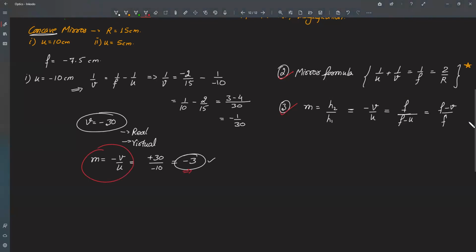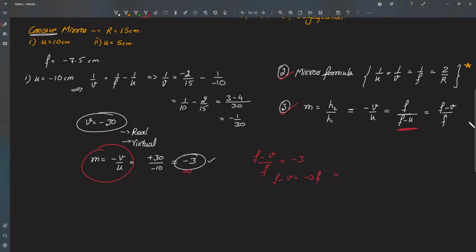How did you get magnification without V? Which formula have you used? That's what, f by f minus u. Okay, so from there also you can see (f minus V) divided by f will be equal to -3. You will get the same value of V. F minus V is equal to -3 into f.